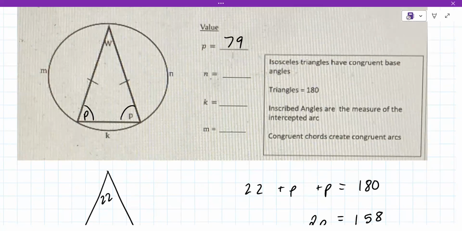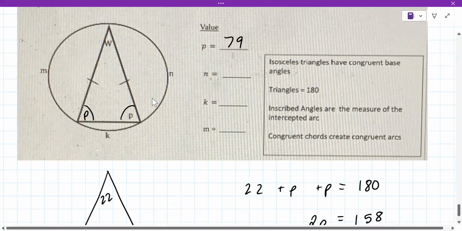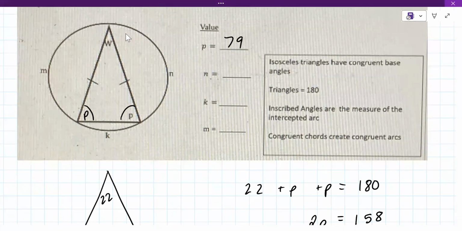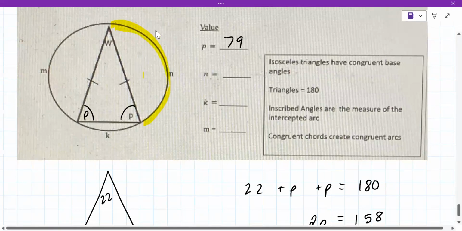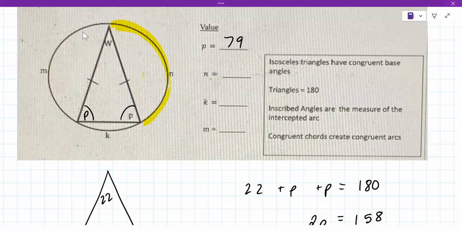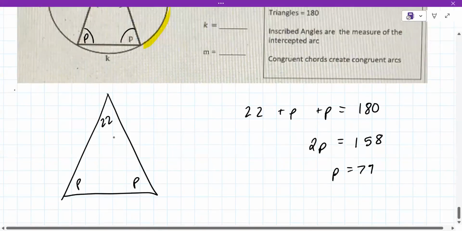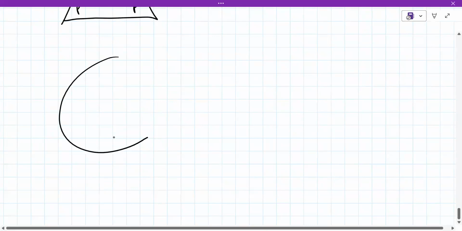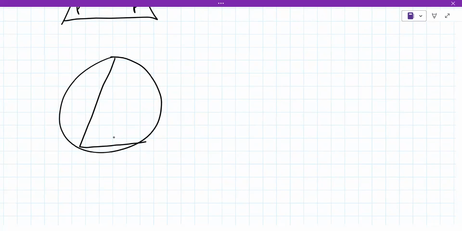A lot of times, which one? N here. So N is referring to, I'm going to highlight the arc, just this arc here. One of the things that I think is hard to see, because there are so many lines here, is if I redraw it, you'll see here this is 79 degrees, this is N, and it doubles, inscribed.